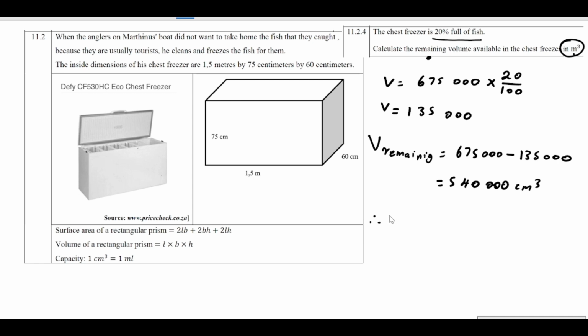The remaining volume equals 540,000, and then we divide, and we end up with 0.54 meters cubed.